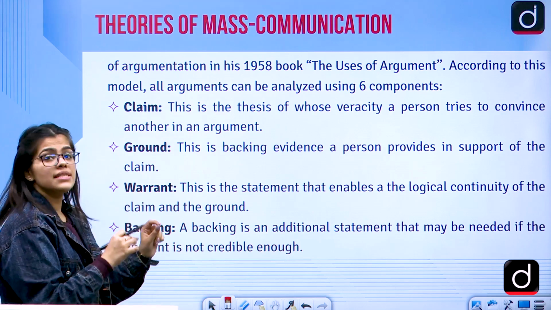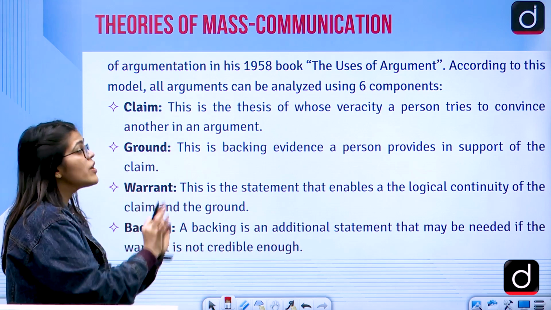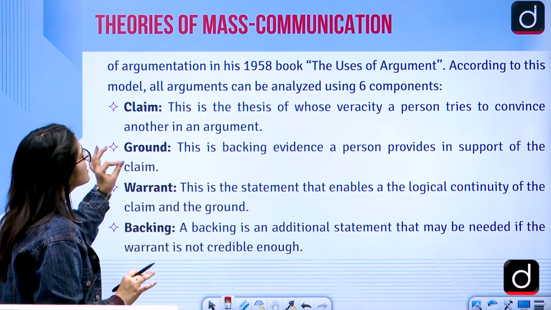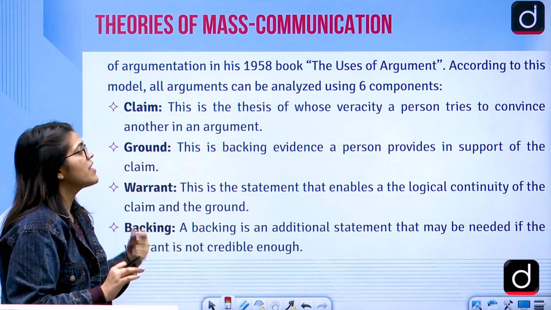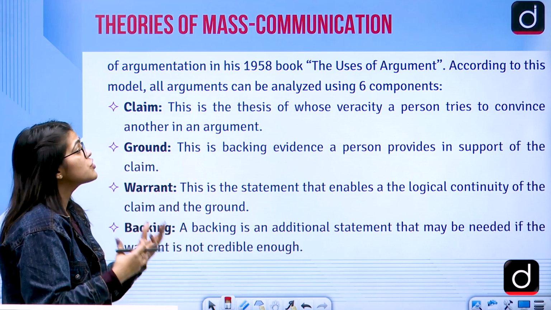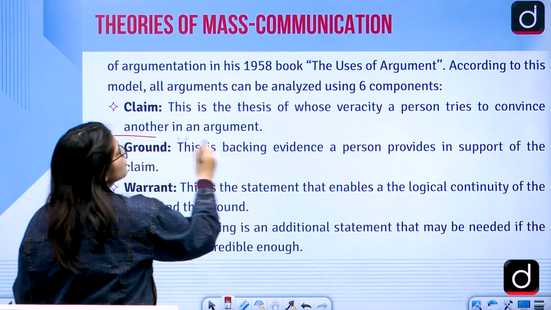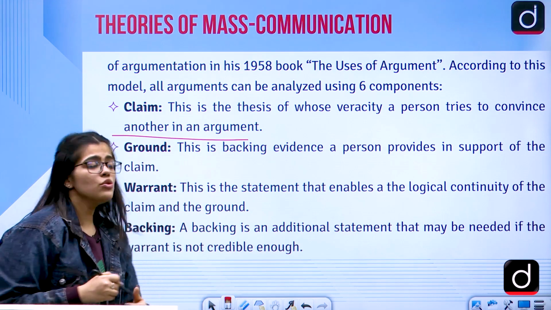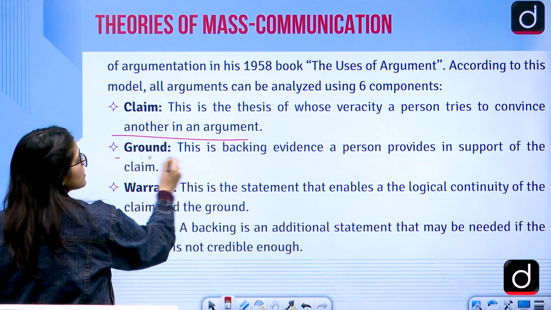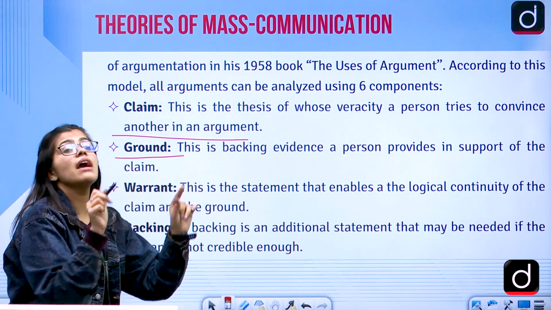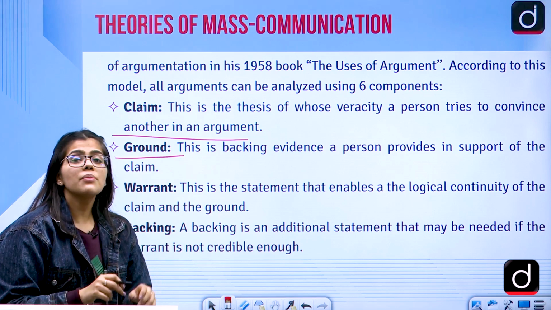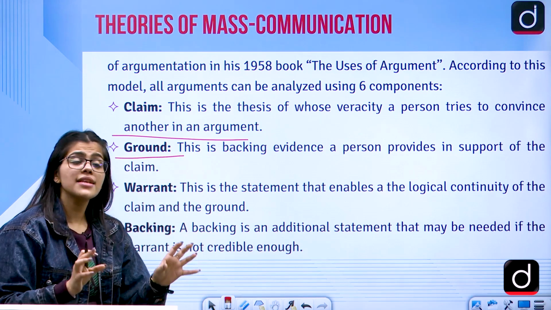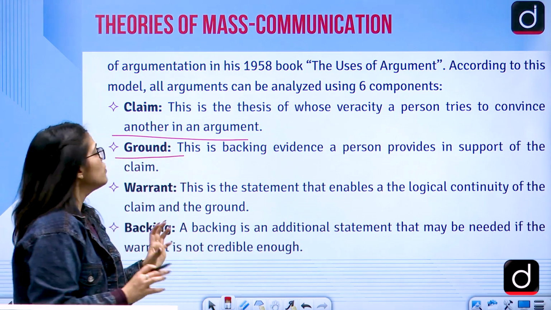This is a thesis of whatever you are trying to talk about, a thesis whose veracity a person is trying to establish, convincing the other using the argument. So there is always a claim that the media tries to put in front of you. There is always a ground. This is the backing evidence that the media would use. The media would always have evidence for whatever claim they are trying to make.